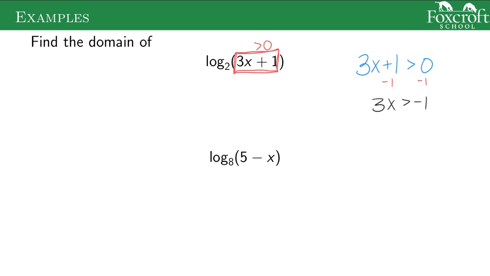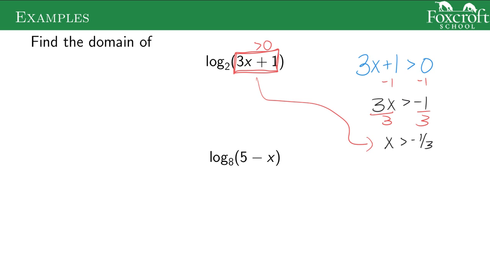And the next thing, divide by 3. One thing you have to remember when you're dealing with inequalities is if you multiply or divide by a negative number, you have to flip it. But since I divided by +3, it stays the same direction. So the domain of this log is x has to be strictly bigger than -1/3. If I try to plug in -2 or -5, it wouldn't work because you'd be plugging a negative into your log.